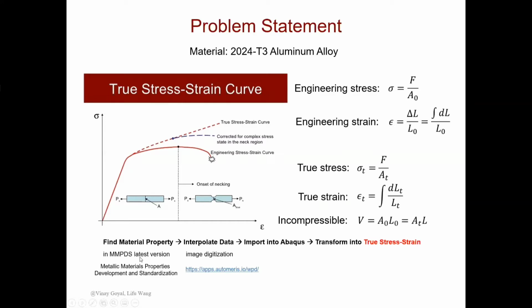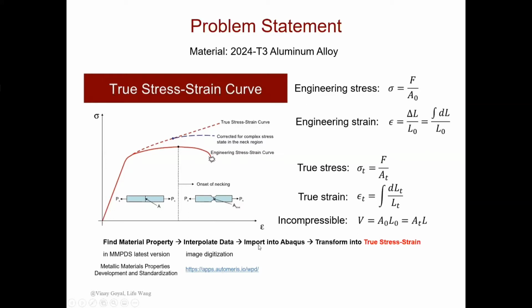From the handbook, you can get the tensile test for different temperatures, different specimens, and different loading conditions. Then from the curve, we use a tool called image digitization to interpolate the curve into data, and there's free software for this step. We're going to show you how to find the material property.